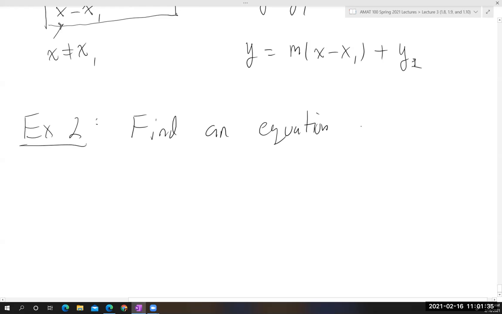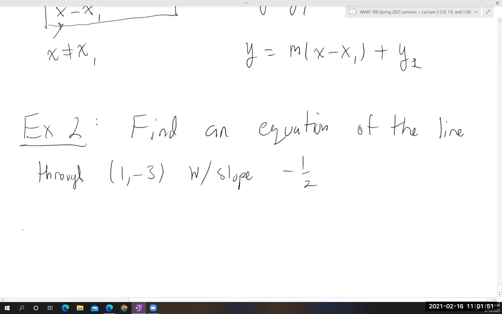So find an equation of the line through the point (1, -3) with slope -1/2. So in our case, we have (x1, y1) equal to (1, -3), and m is equal to -1/2.